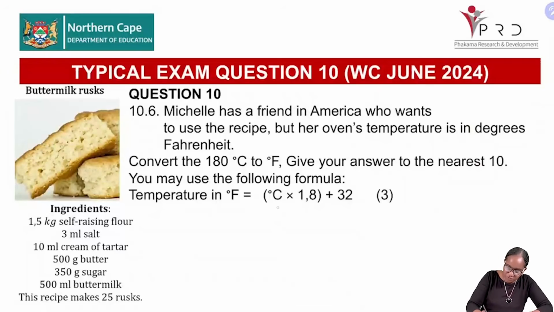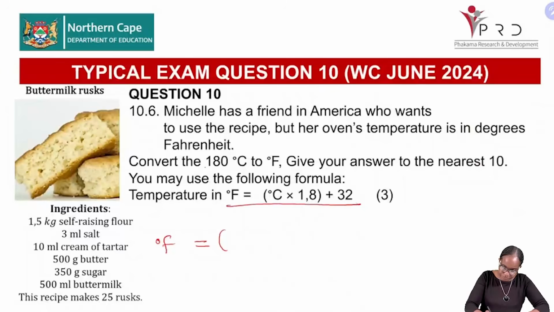We are given the formula. This is the formula to use. So we will put our degrees Celsius, which are given there, as 180. We multiply by 1.8 and add 32.